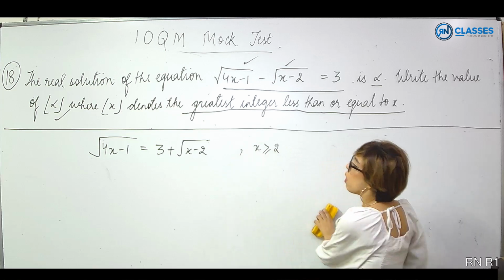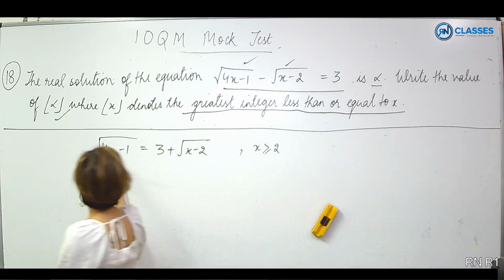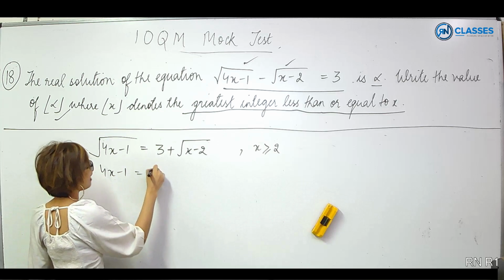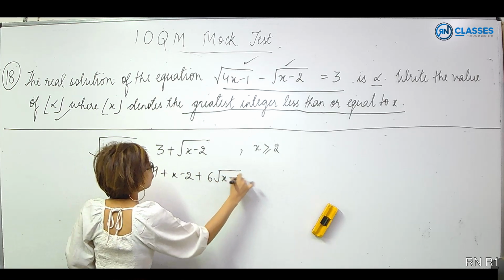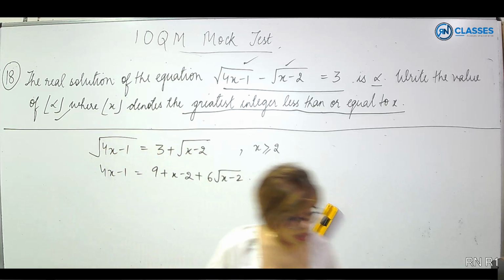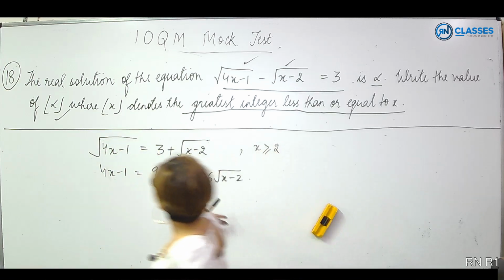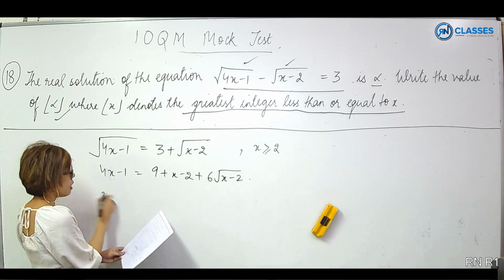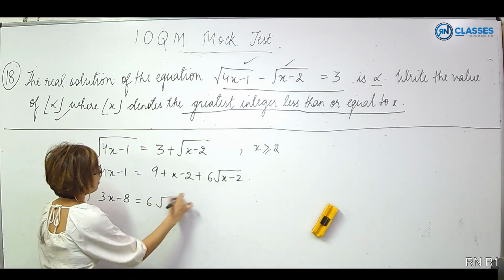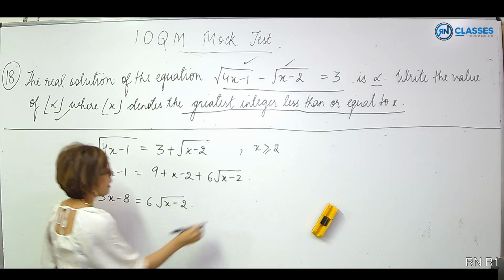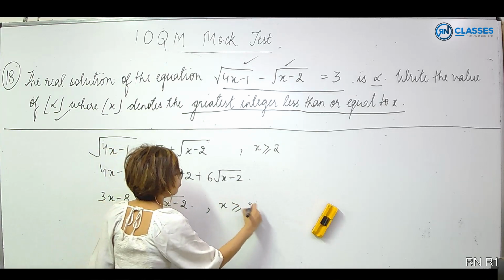Now, squaring it up, I'll get 4x minus 1 is equal to 9 plus x minus 2 plus 6 root x minus 2. Then, if I shift everything to this side, I will have the equation as 3x minus 8 is equal to 6 into square root of x minus 2. And x is greater than or equal to 2.